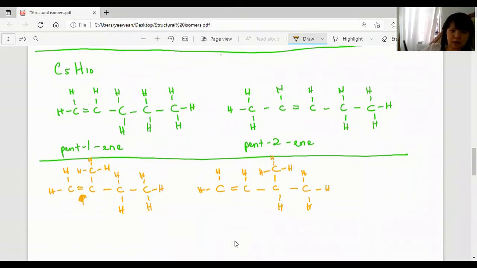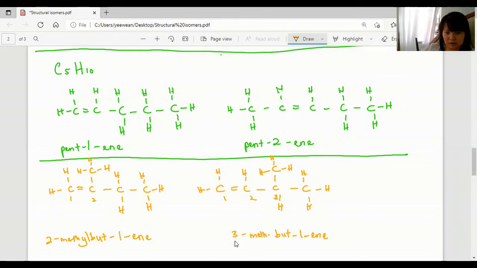So this is number 1. And if this is number 1, number 2 is having the methyl. This is still a but-1-ene, so I'm going to write that first. And 2 is having the methyl. There you go.